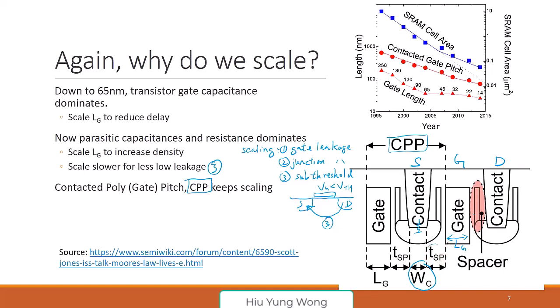So what is the CPP? CPP is very simple. It's the minimum distance between the contacts. And since it's periodic, it is equal to LG plus TSP, but how many TSP? Actually LG plus 2 TSP plus WC.